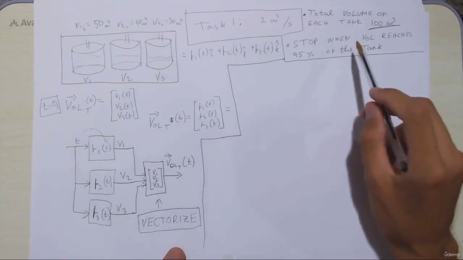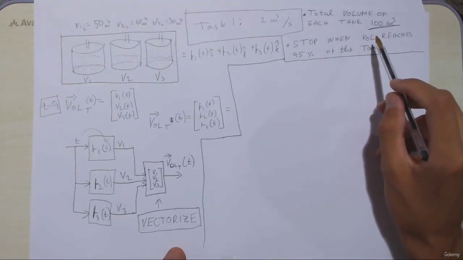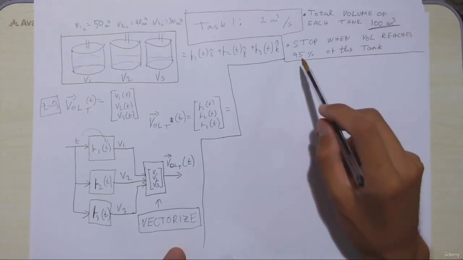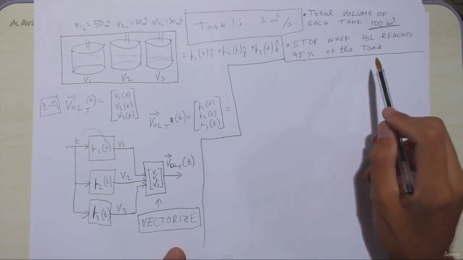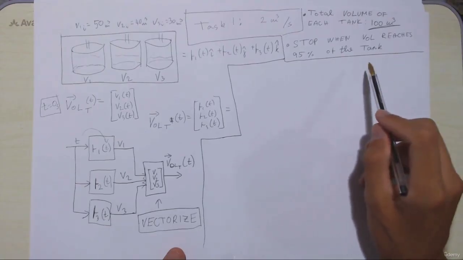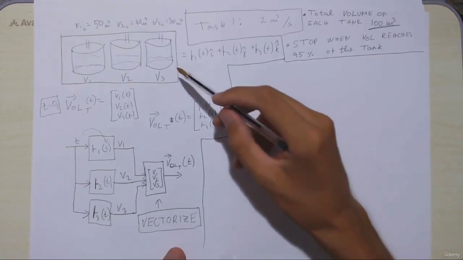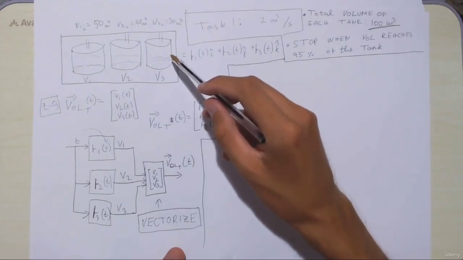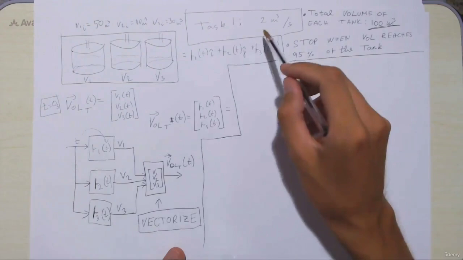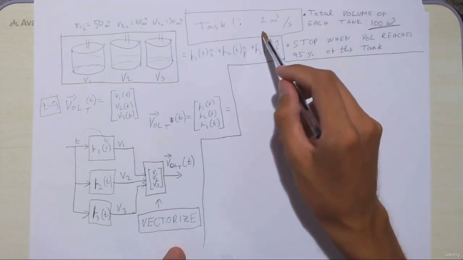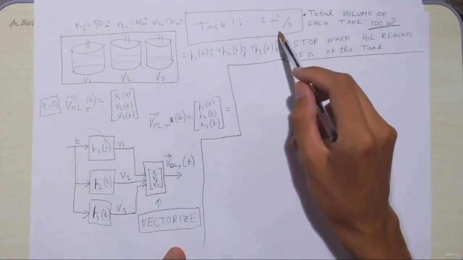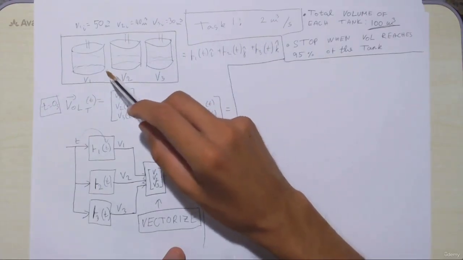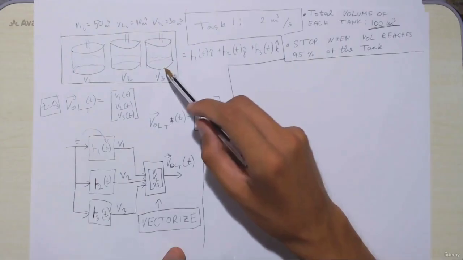And the total volume of each tank is 100 cubic meters. So I want my program to stop when the volume reaches 95% of the tank. So you start adding the water, and when it reaches 95% of the tank, I want it to stop. Obviously you can already think that if I add 2 cubic meters of water per second to each tank, then the change of volume in each tank will be the same.